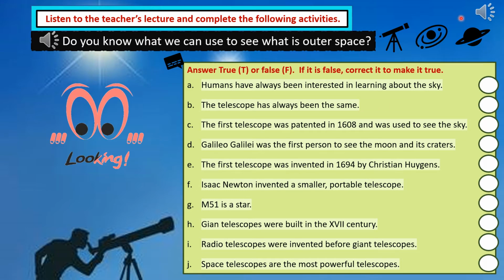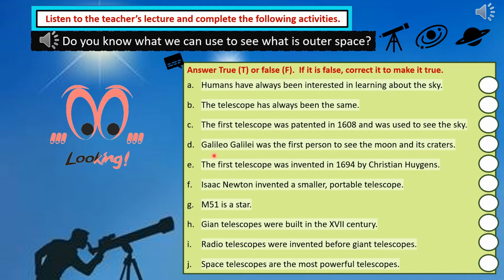Okay, so please pay attention. A. Humans have always been interested in learning about the sky. B. The telescope has always been the same. C. The first telescope was patented in 1608 and was used to see the sky.